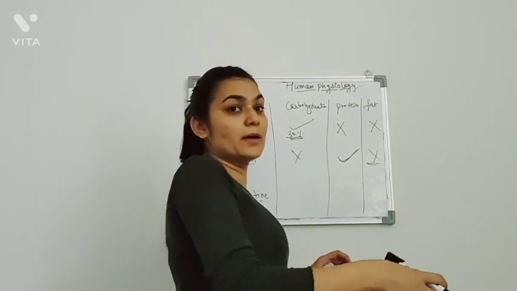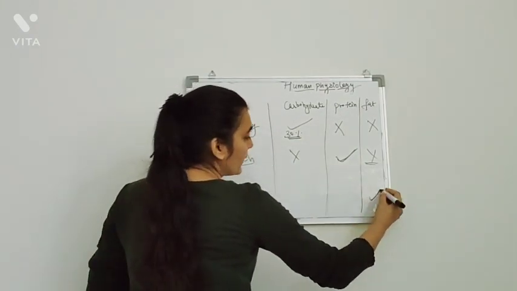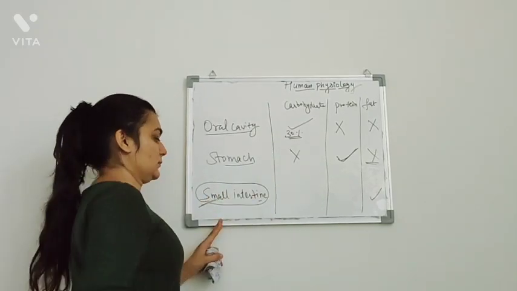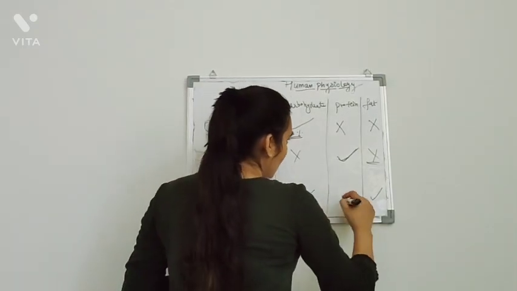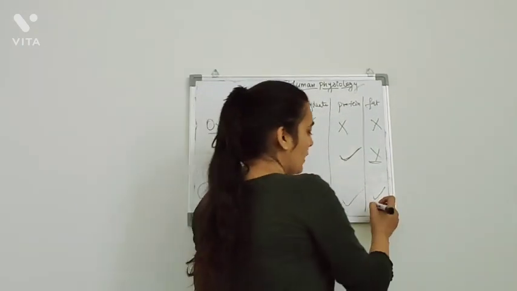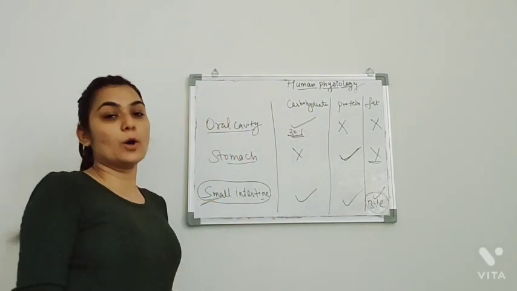Some lipases are present, so a small amount of fat digestion may occur, but the main fat digestion occurs in the small intestine. The small intestine is the main site of digestion: fat, carbohydrate and protein are all digested in the small intestine.